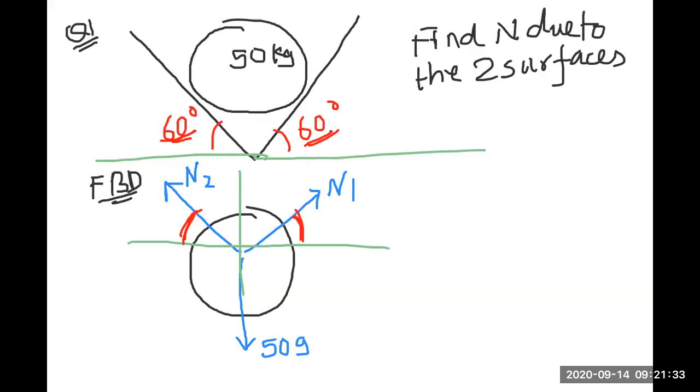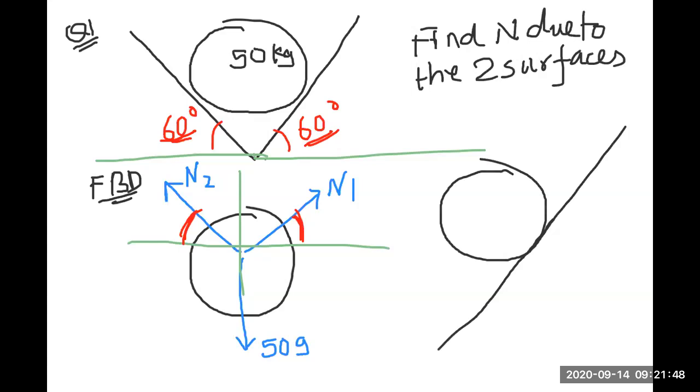Okay, now please follow me very carefully. So this is the sphere, and this is the inclined plane on which it is resting, with which it is in contact, and therefore this arrow must be the N2 arrow. Remember that normal reaction is perpendicular to the interacting surfaces.